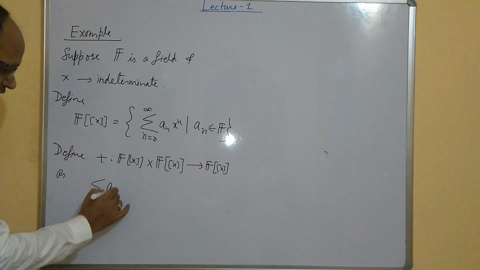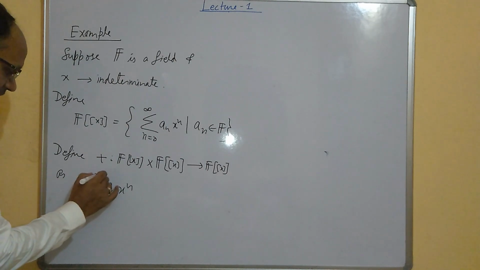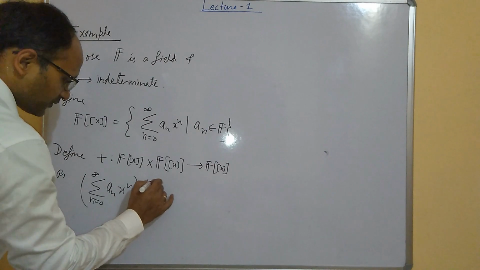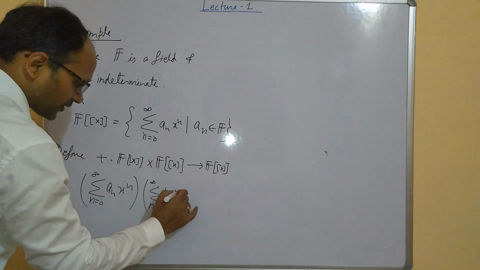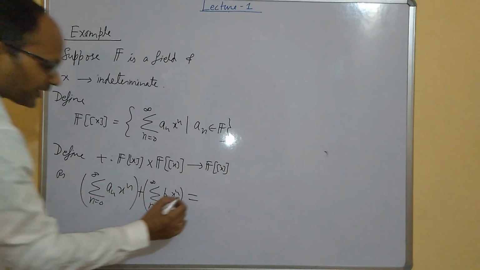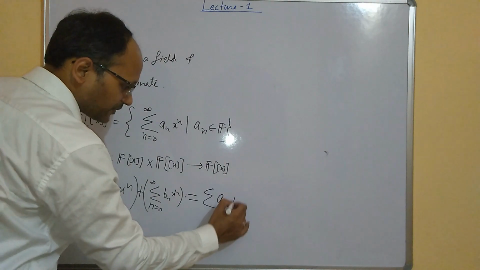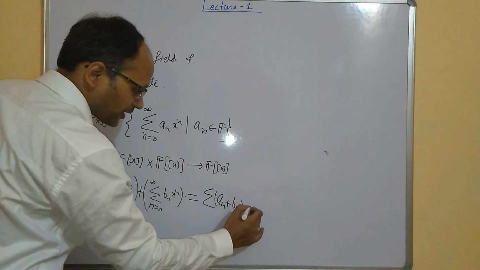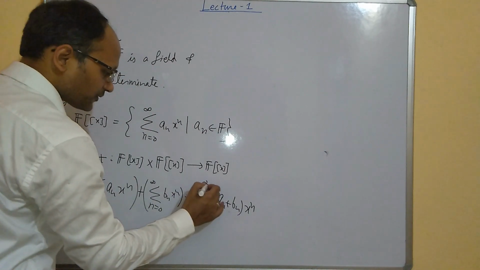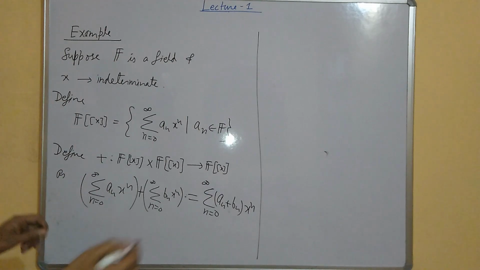Take two elements, the sum of a_n x to the power n, n varying from 0 to infinity, and another element, the sum of b_n x to the power n. Their sum is defined to be the sum of (a_n plus b_n) x to the power n, n varying from 0 to infinity.